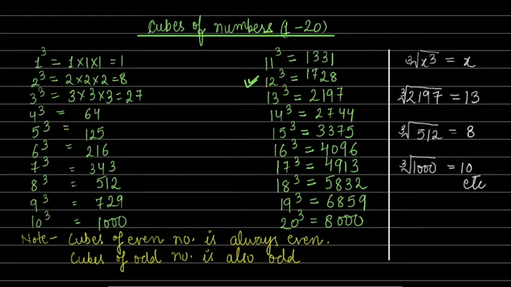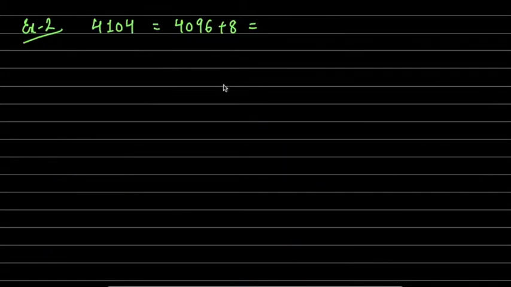We know that 4096 is the cube of 16, and we know that 8 is the cube of 2. So we can write 4104 as the sum of two cubes, right?